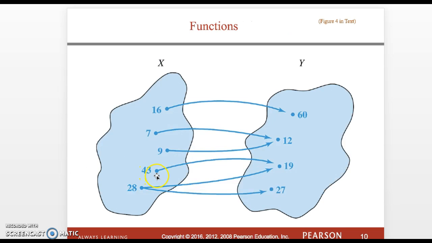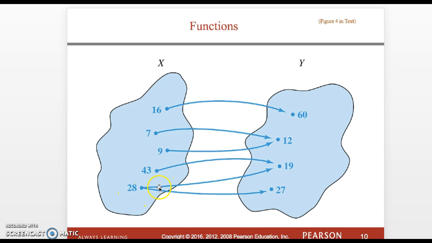And then notice we have 43 maps to 19, 28 maps to 19, but notice 28 also maps to 27. So here we have an illustration of one item in our domain that maps to two items in the range. This is a problem.